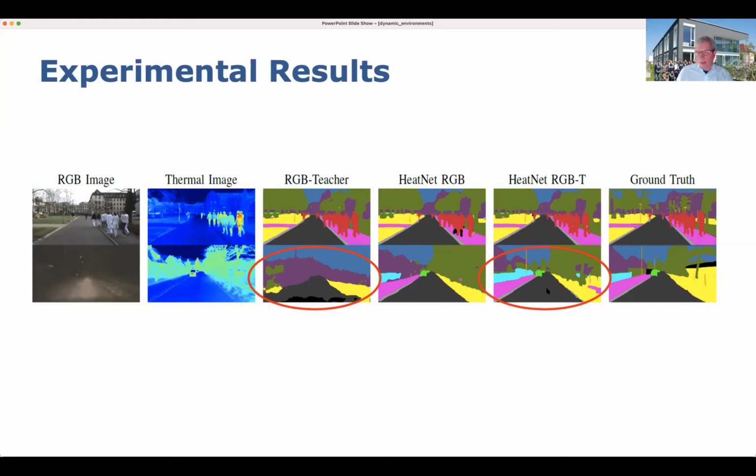That's basically the segmentation results that we get over here. Interestingly, we can also use the structure to train an RGB classifier on night images that performs similar to those results that we get with the thermal and RGB images. And that is what you see basically over here.